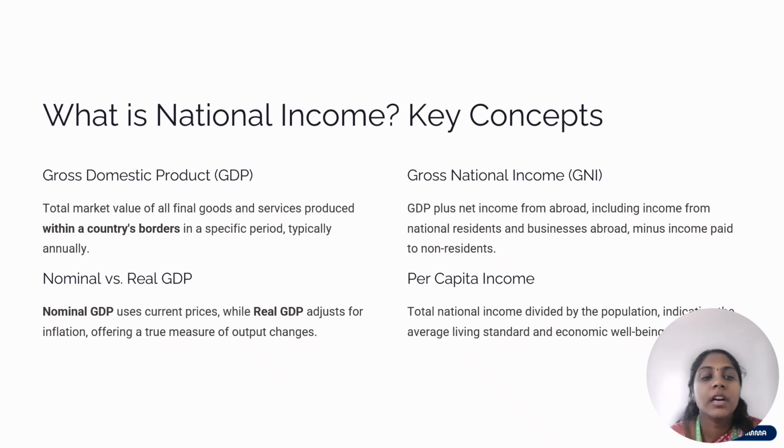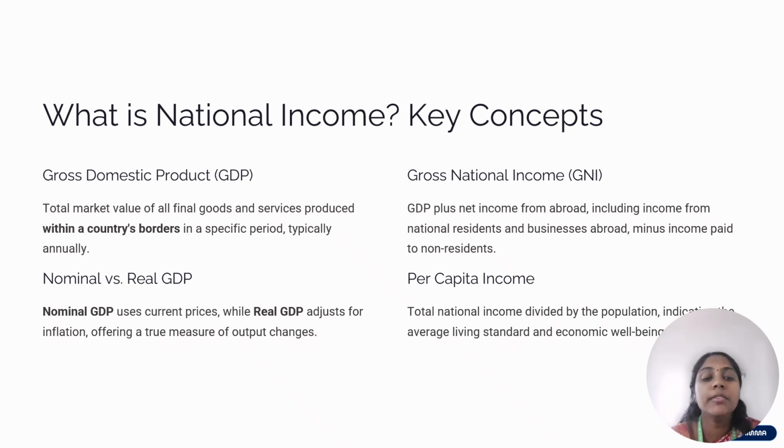As we have seen in the previous video, these are the key components of national income: gross domestic product, gross national product, nominal versus real GDP. The nominal GDP uses the current prices, whereas the real GDP adjusts for inflation, offering a true measure of output changes. For example, the nominal GDP is around $1 billion.